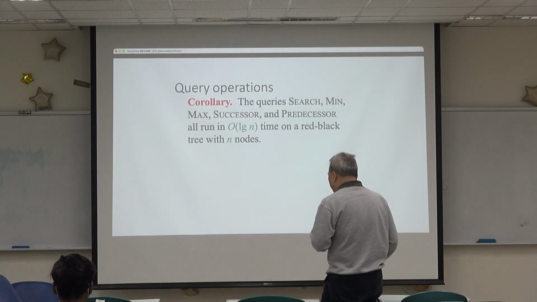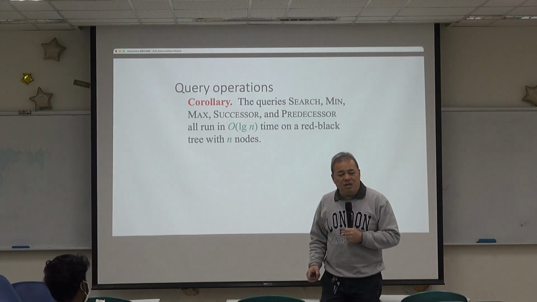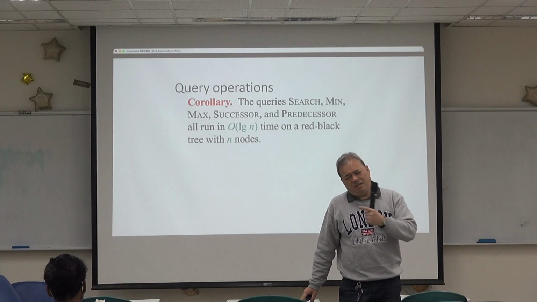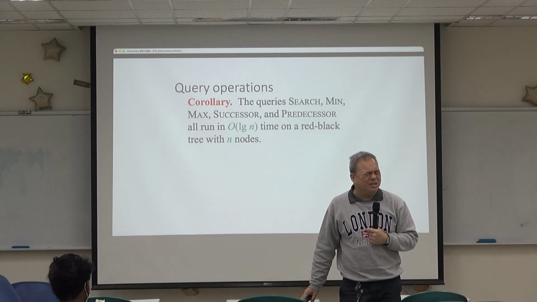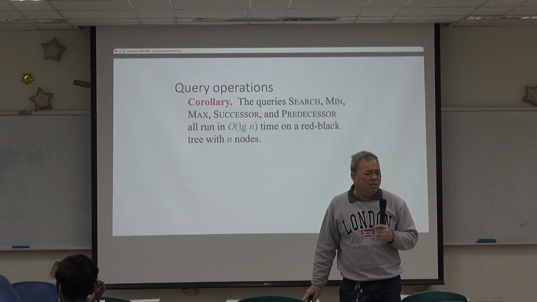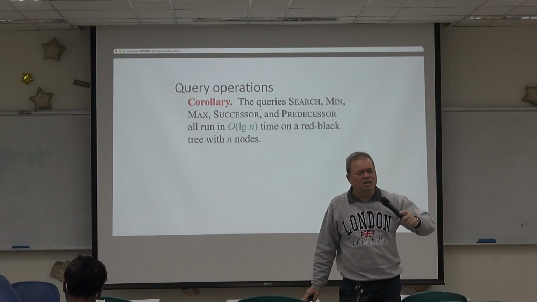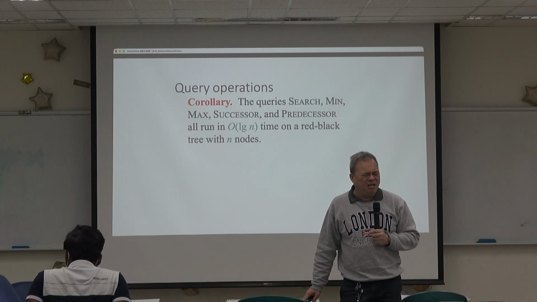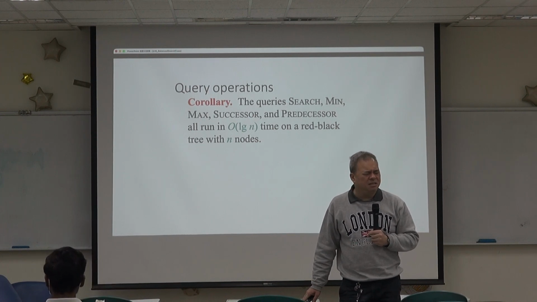But remember, I mentioned earlier, even though this red-black tree doesn't look balanced initially, remember what I told you. If you only consider the black nodes, it is balanced. So any balanced tree, if you want to maintain the balanced property, must involve certain rotation operations.